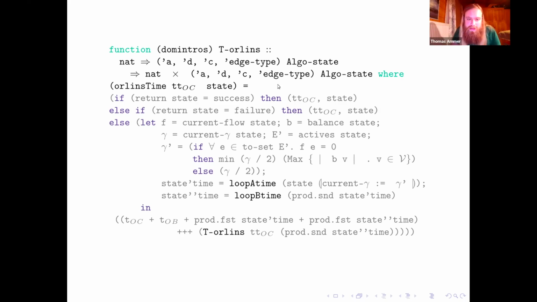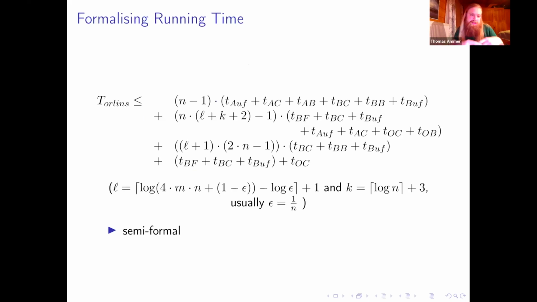Okay. And now in the end, we take this running time function and we plug the initial program state into that function, and that yields a natural number. And then this number, T Orlin's, can be bounded by the term displayed on the right-hand side of this inequality.